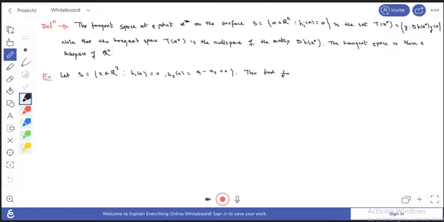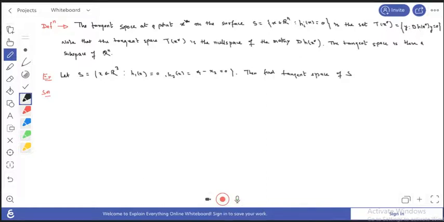So now the solution of this problem: we have to find the derivative of h at x star.